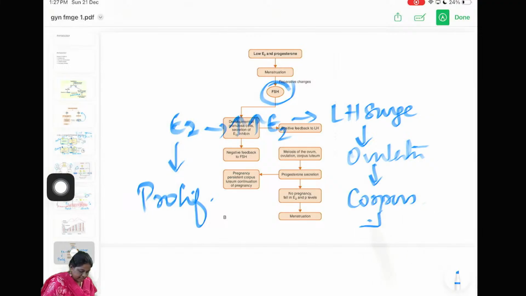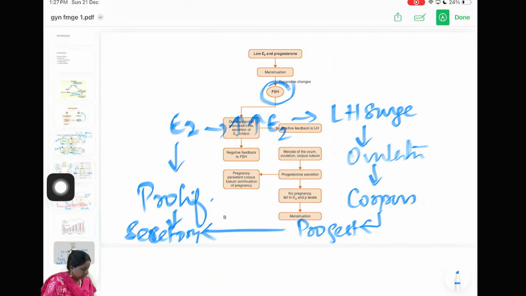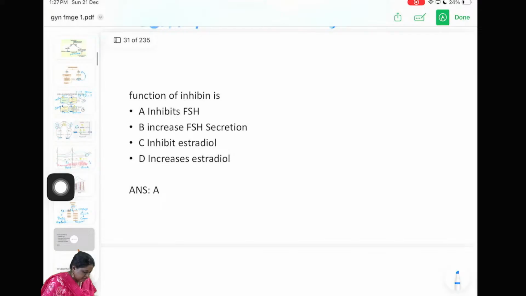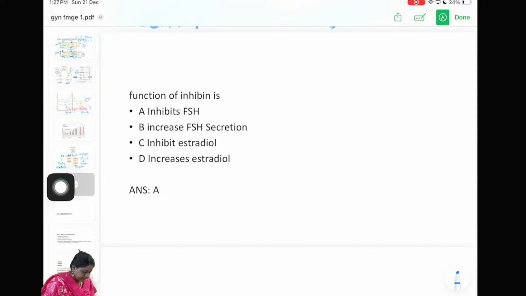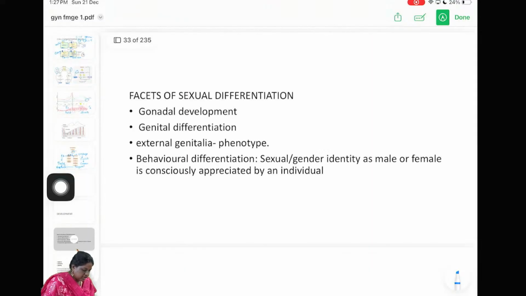This corpus luteum will give rise to progesterone, and this progesterone will make the endometrium secretory. Understood? So the function of inhibin is to inhibit FSH.